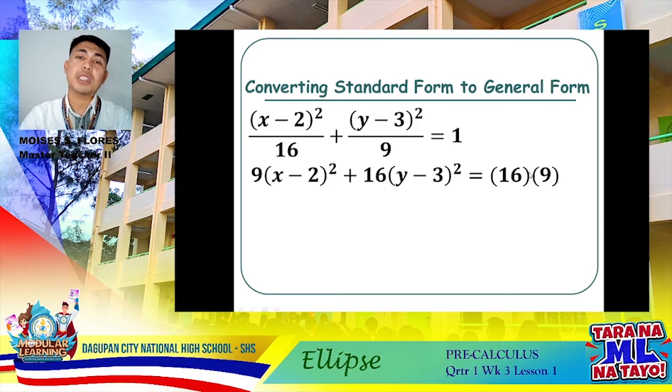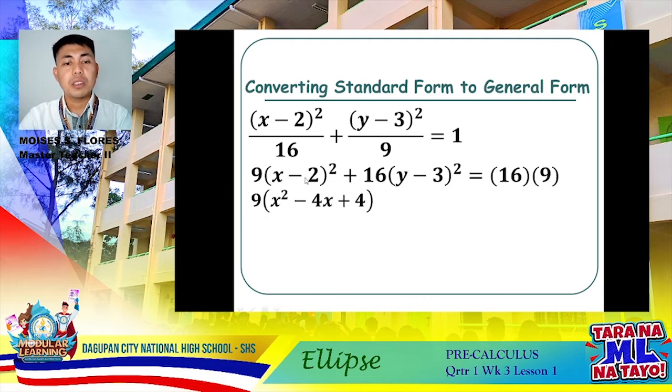So again, the first step, we cross-multiply our denominators. Afterwards, we expand our binomials. Simply expand this binomial, and then of course we expand also your second binomial with respect to y. And of course, simplify your constant: 16 times 9 is simply 144.